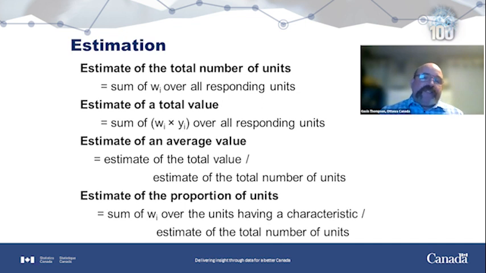If we were to take Tracy, we would take her weight as a woman, multiplied by whatever her salary is, and then we could look at the totals based on that. We can calculate average values, obviously, divided by the total number of units, or we can look at the proportion of units: the sum of the weights over the units having a certain characteristic divided by another estimate of the total number of units.